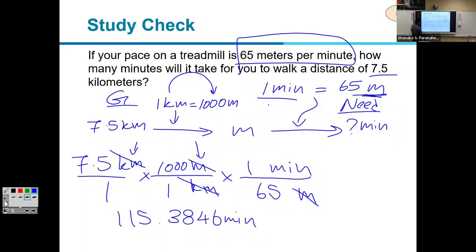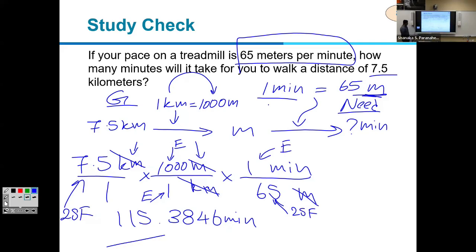It's not the final answer. The measured value, that's the walking distance, has two significant figures. 1000 and 1 are both exact values. And the pace is a measured value, so it also has two significant figures.